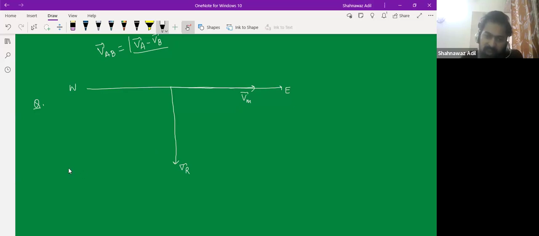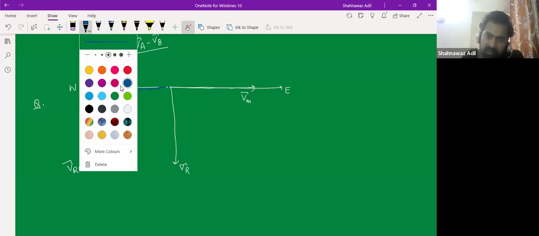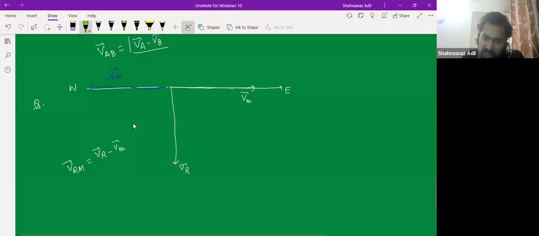If I want to calculate the velocity of rain with respect to man, I need to write VR minus VM. For that, I have to just take this VM in the opposite direction. So this is minus VM, and then I have to take the resultant of this. So this would be the velocity of rain with respect to man, right?